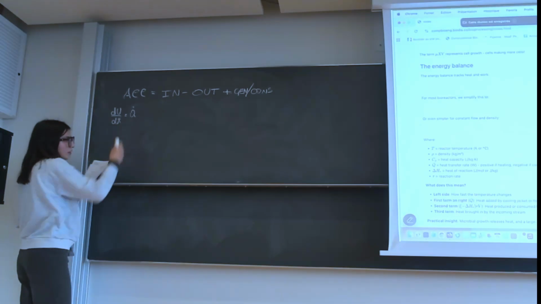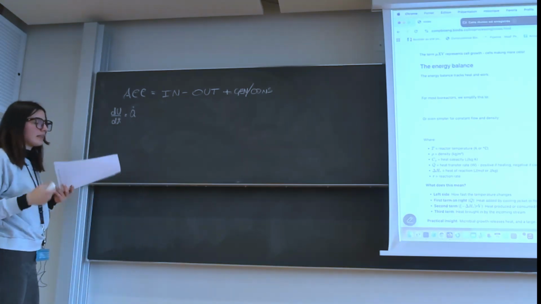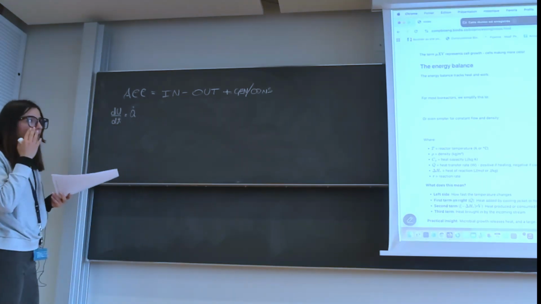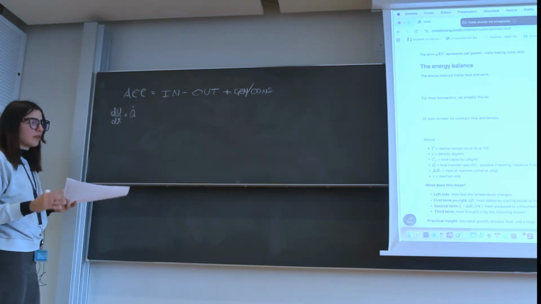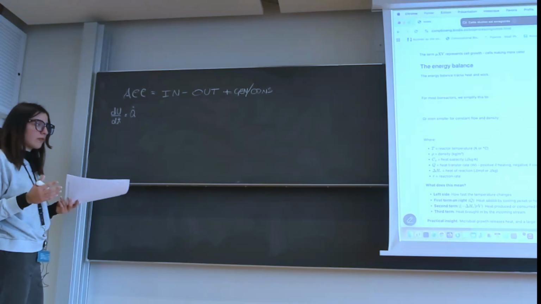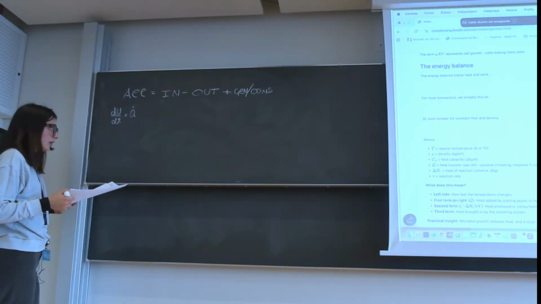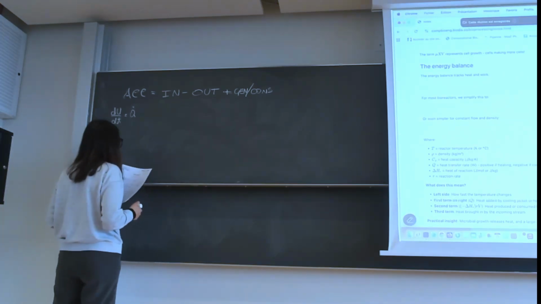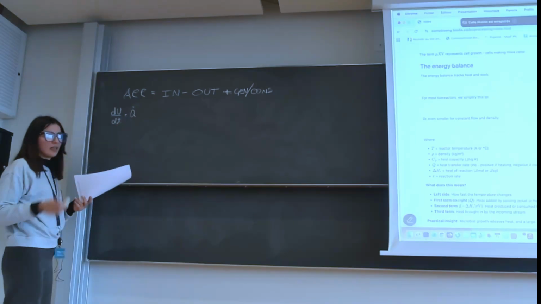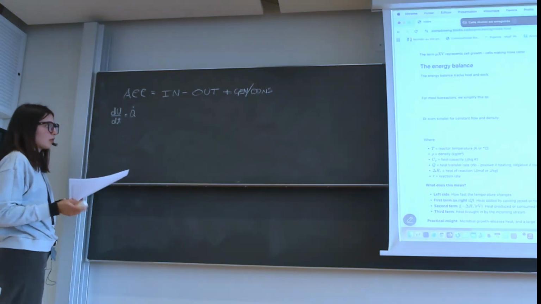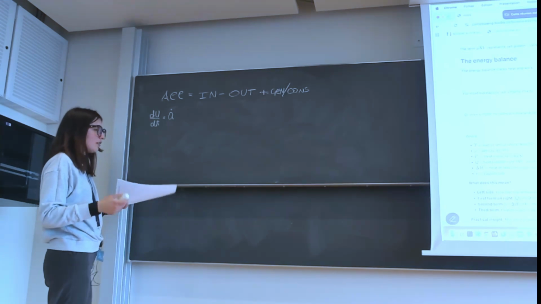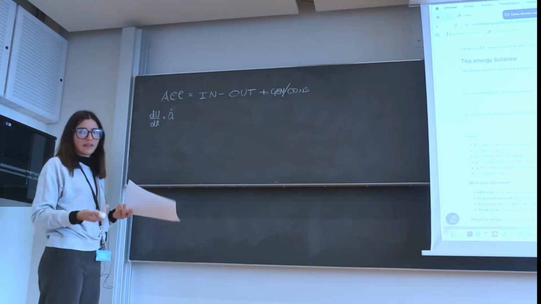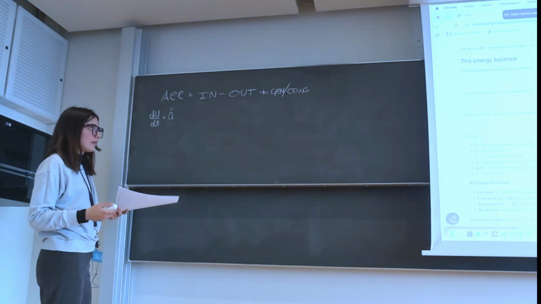This can be, for example, the heat that came from a cooling system or from the surroundings in general. So this term can be a plus or a minus, so it can be positive or negative according to the effect that this term has on the system.